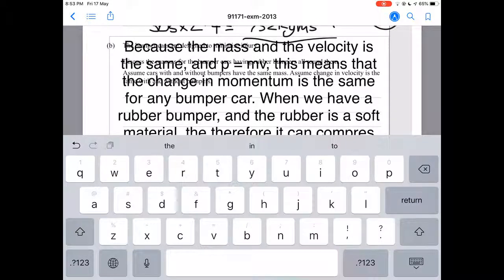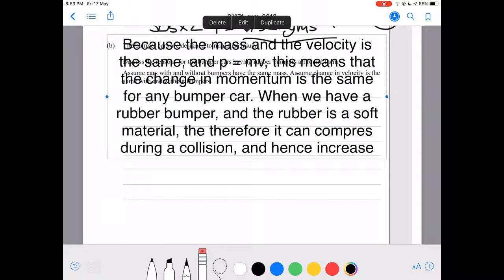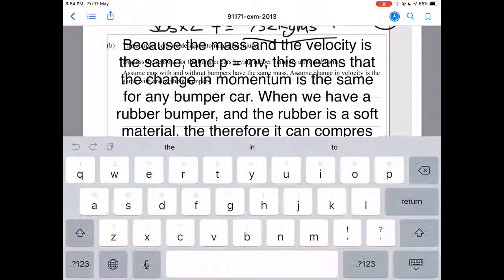So basically, because change in momentum equals force times change in time, force equals change in momentum divided by change in time, and because change in time increases, we decrease the force. Okay? So basically less change in momentum per second.